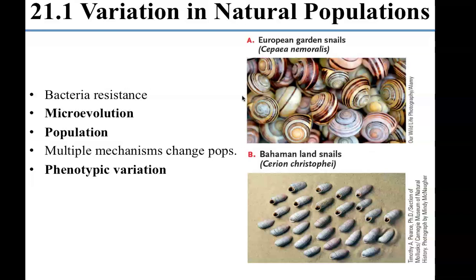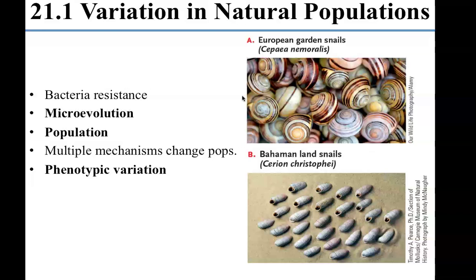Some might be more gray, some more brown, some larger, some smaller. If you did some dissections, you might see that their internal anatomy differed a little bit. Those are all examples of phenotypic variation. The individuals of a population aren't clones of each other. They each have a unique genetic code because of meiosis and sexual reproduction.